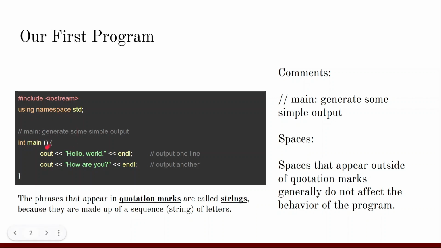All right, and in this C++ program we only have two statements. One statement is printing hello world, another statement is printing how are you. And we have some comments. These comments output one line, and these comments output another line, and these comments will be ignored by the compiler, and it will not affect your C++ program.